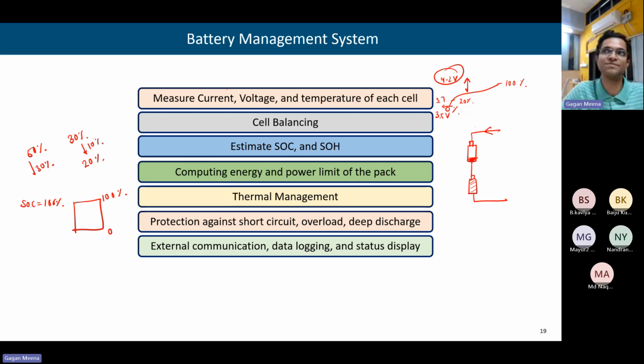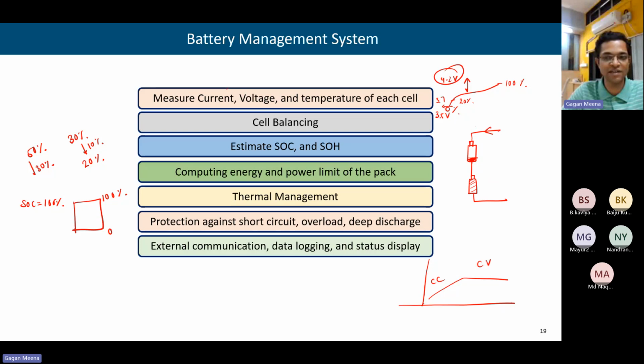Therefore, once the voltage is reached, that's why the charging operation of this lithium ion battery has two regions. One is constant current region and one is constant voltage region. So we call it the CCCV curve.